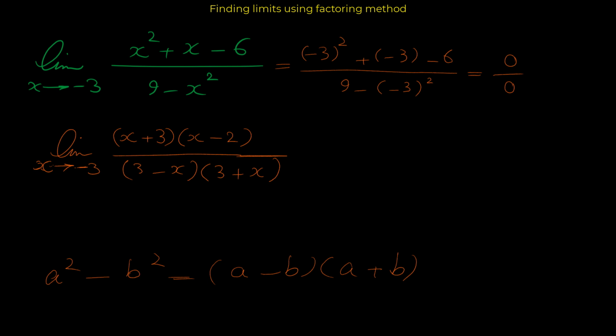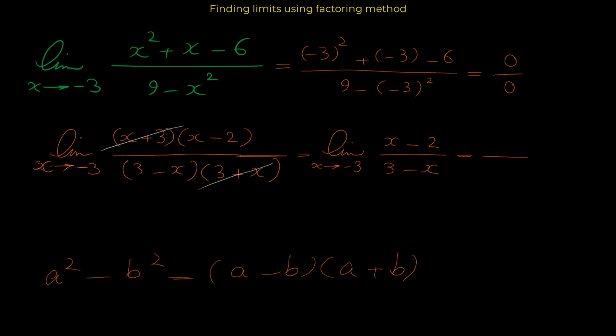Now look at the top and the bottom. x plus 3 and 3 plus x are common between top and bottom. Those are the same expression, because the operation between them is plus, not minus. So we can simply cancel them, and then we have the limit of x minus 2 over 3 minus x as x approaches negative 3.